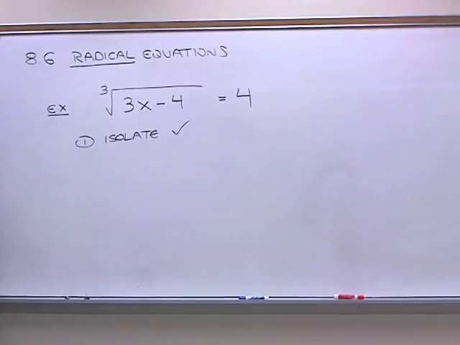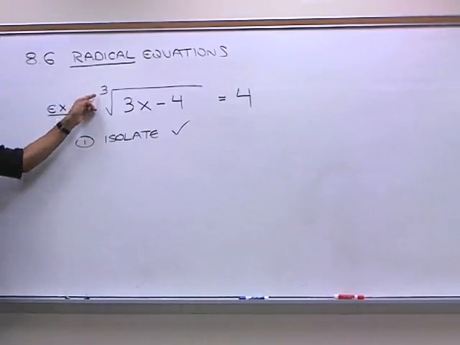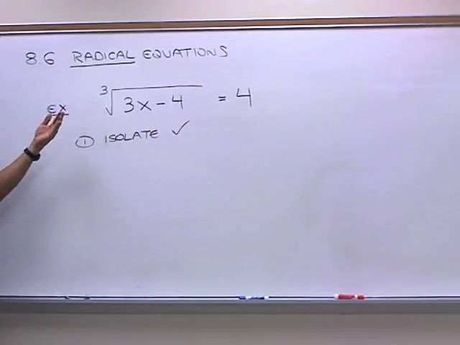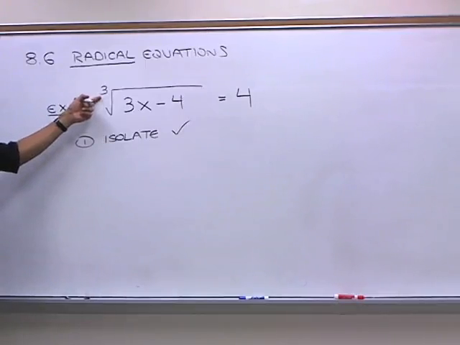Step 2 was what? Square both sides, right? But see, we won't be able to square both sides because it's a cube root. So squaring won't eliminate the cube root like it does the square root. So what do you think we do to both sides instead of squaring? We cube it, right? If you're taking a cube root and you want to undo the cube root, you cube both sides.